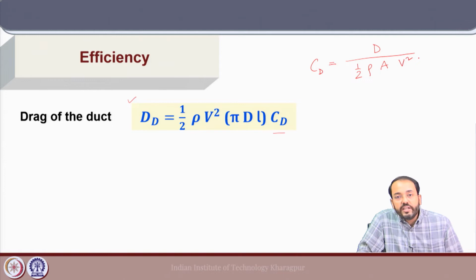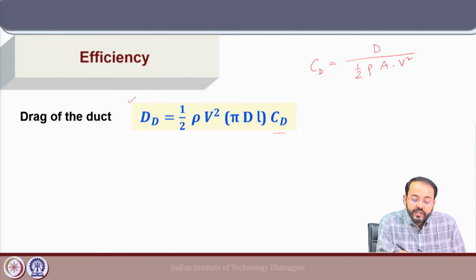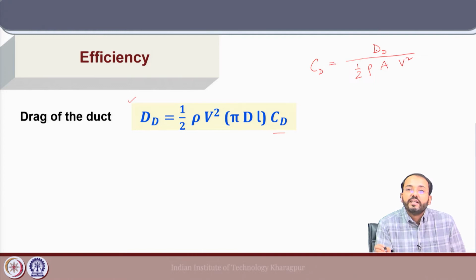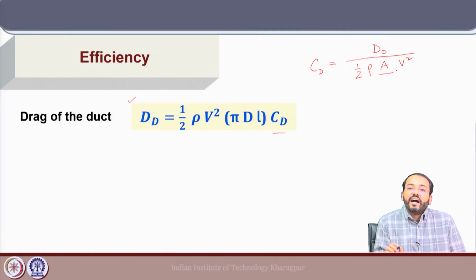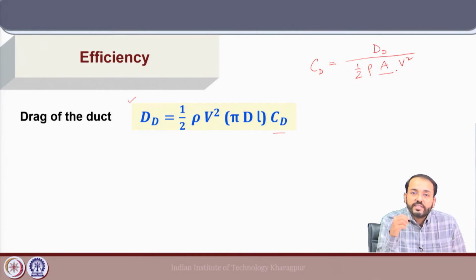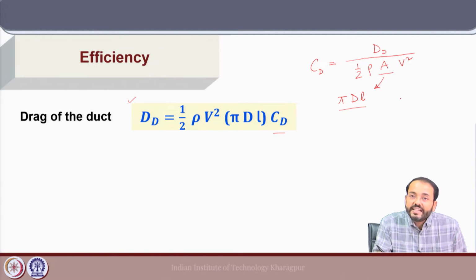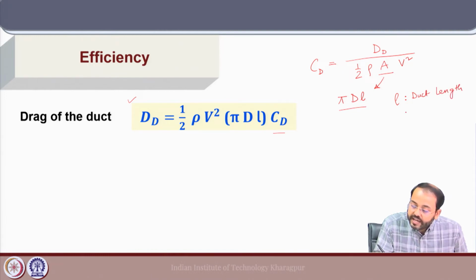That is how we define drag and lift coefficients. Now, here Dd is the drag force for the duct and A, the area over which we compute the drag force, is pi d L, where L is the length of the duct and d is the propeller diameter.